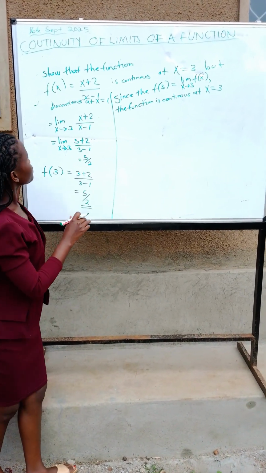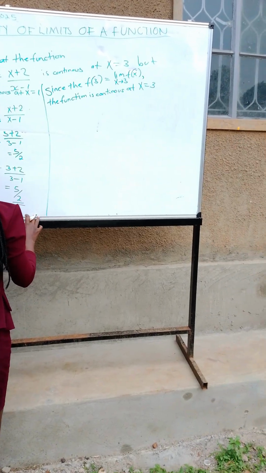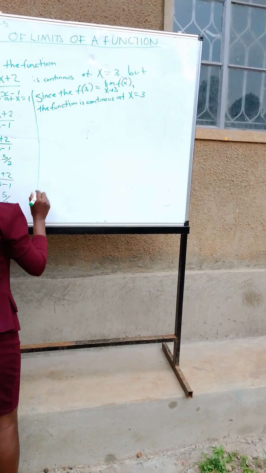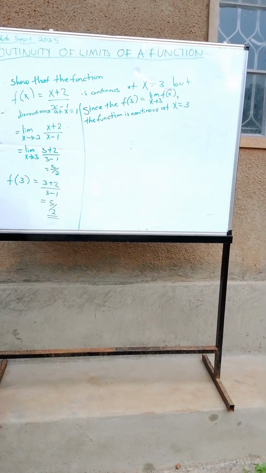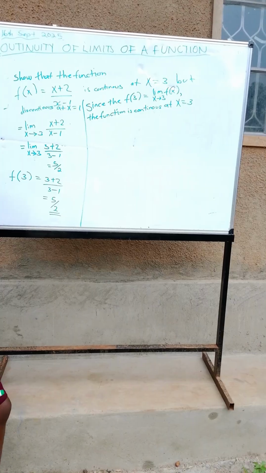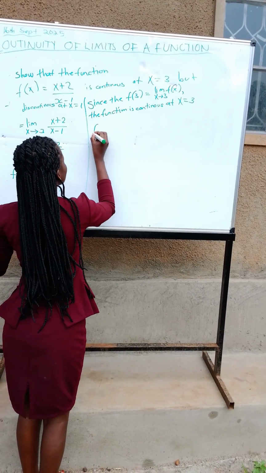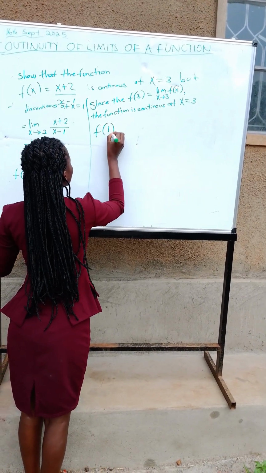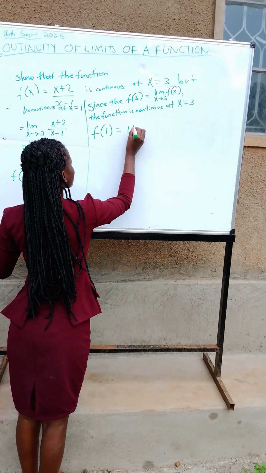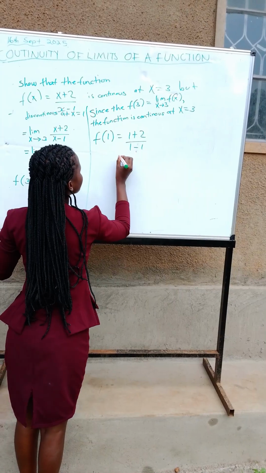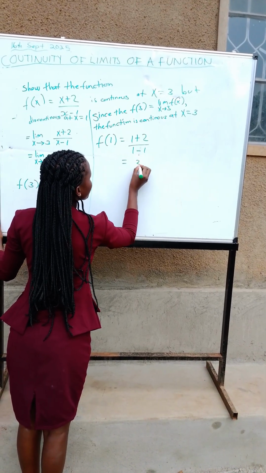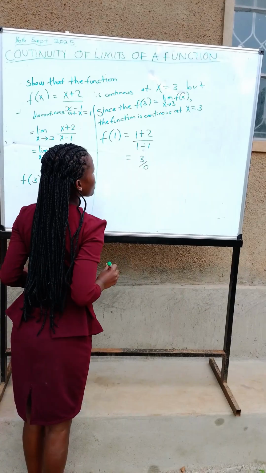So we are going to input our 1 and see whether this function is continuous or not, which is f of 1, which is equal to 1 plus 2 over 1 minus 1, which is equal to 3 over 0.